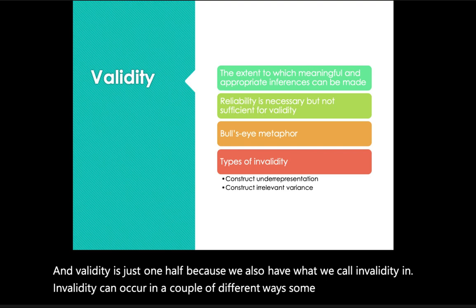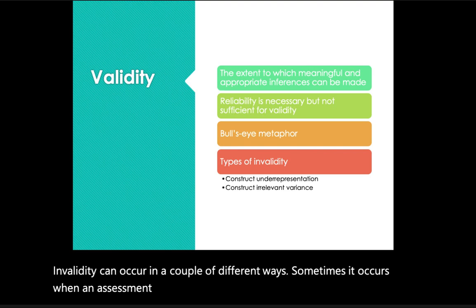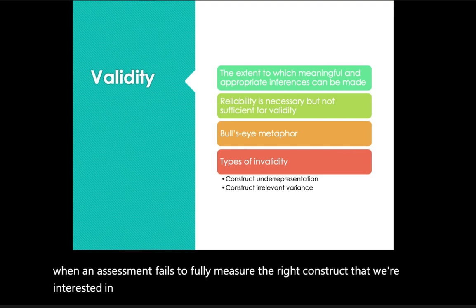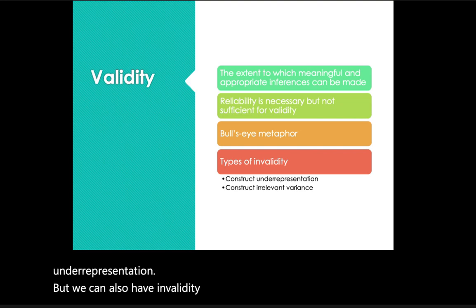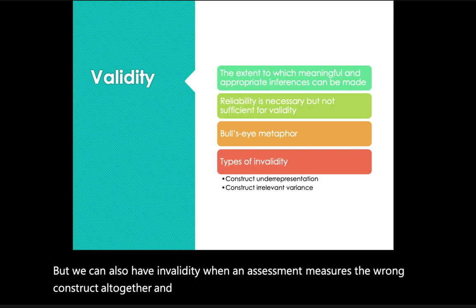Sometimes it occurs when an assessment fails to fully measure the right construct that we're interested in, and we call this particular type of invalidity construct underrepresentation. But we can also have invalidity when an assessment measures the wrong construct altogether, and we call this construct irrelevant variance.